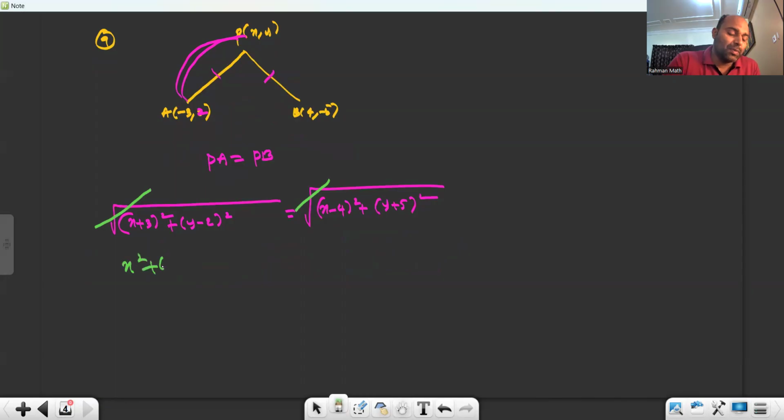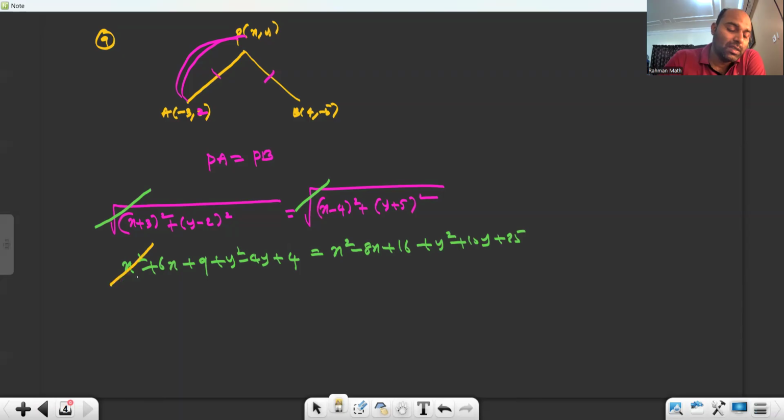x square plus 6x plus 9, a plus b whole square, don't make a mistake. y square minus 4y plus 4 equal to x square minus 8x plus 16, y square plus 10y plus 25.